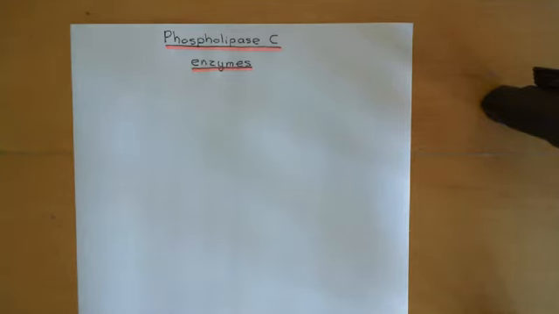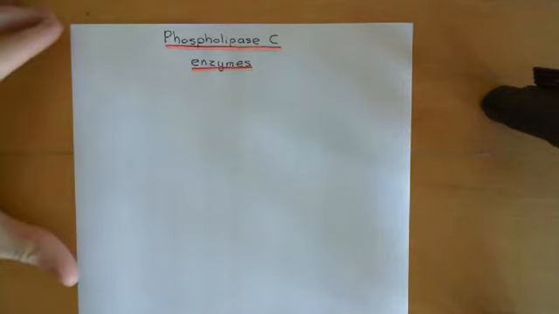We'll start with phospholipase C beta enzymes, the most famous ones. Then phospholipase C gamma, then delta, epsilon, zeta, and phospholipase C eta to finish off with. Okay, so that's the structure for this video.